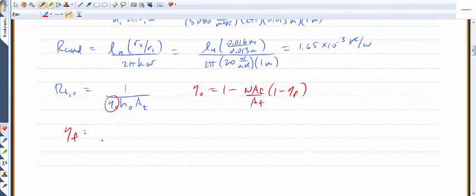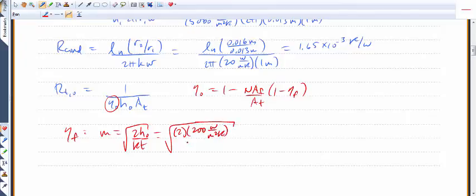So to get eta sub f, we need to find m, which is the square root of 2h over kt. In our case, it'll be h_o. So the square root of 2 times 200 watts per meter squared Kelvin over 20 watts per meter Kelvin times 0.003 meters. This gives us a value of m of 81.6 inverse meters.